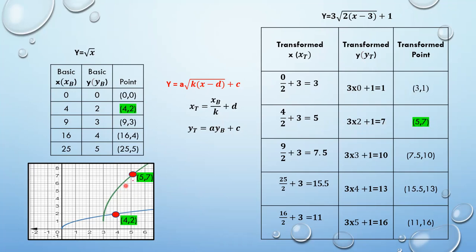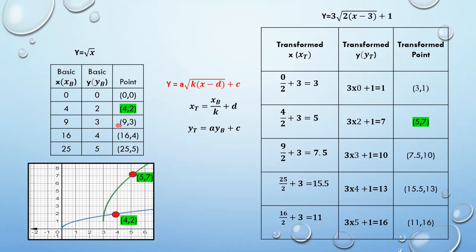This is our selected point here, which is transformed to this. So 4, 2 is transformed to 5, 7. Likewise, you can do all other points. So basic x 9 is transformed to 7.5. Basic y coordinate 3 is transformed to 10.